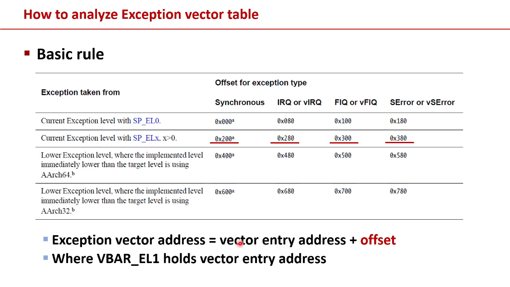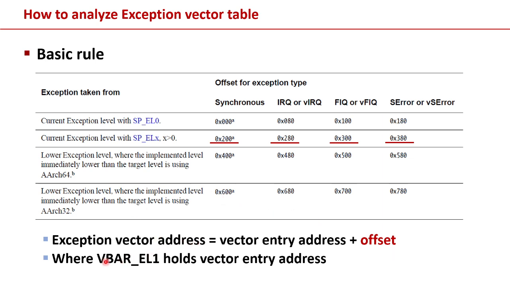The first value is the exception vector entry address, and the other value is the offset. This offset is found in the exception vector table. This offset is extremely important when the ARM core branches into the exception vector table.